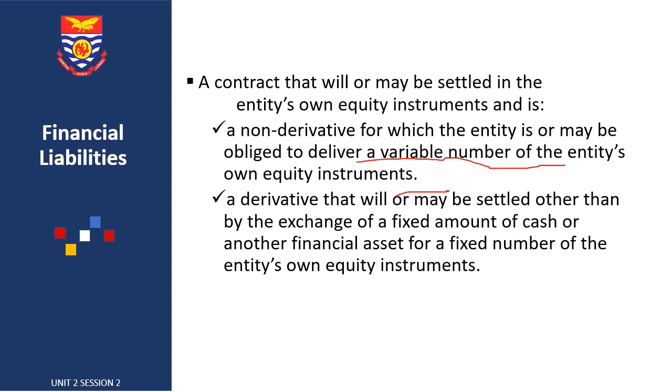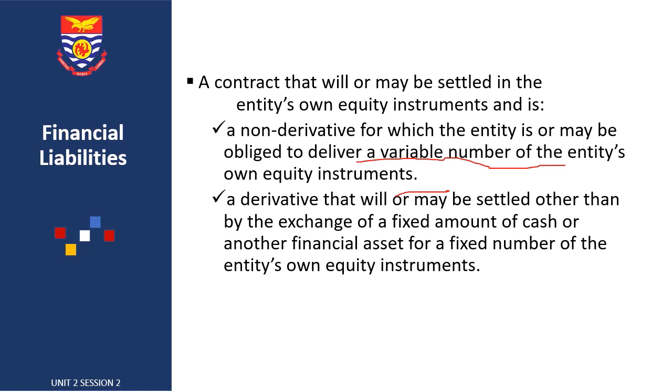And then the other option is that you are going to use a derivative that will or may be settled either by the exchange of what? A fixed amount of cash. So you are going to pay with cash now, but this cash or a financial asset is fixed as a certain number of your equity shares. So what is the value of the equity shares?